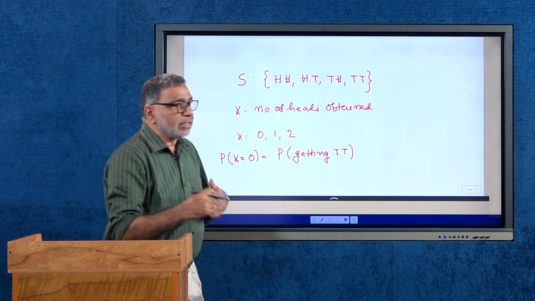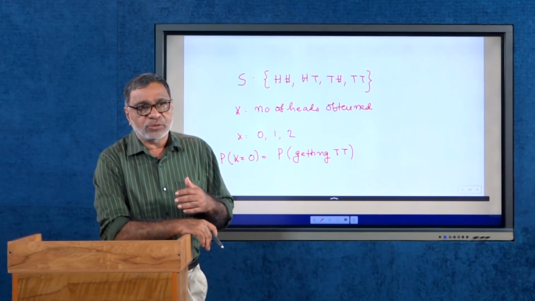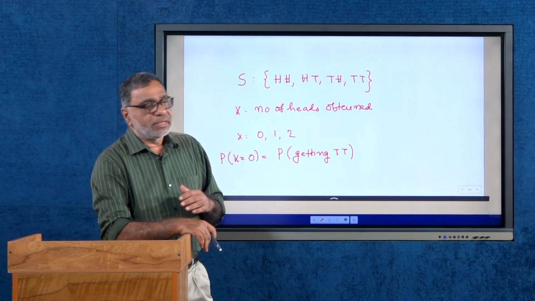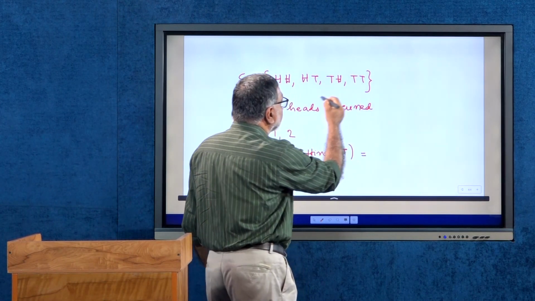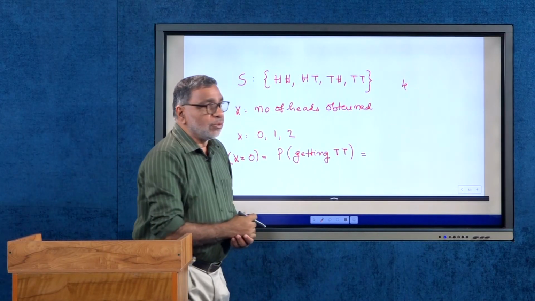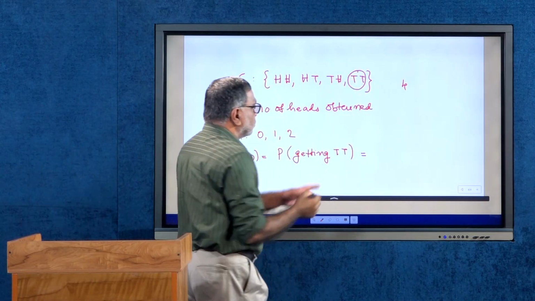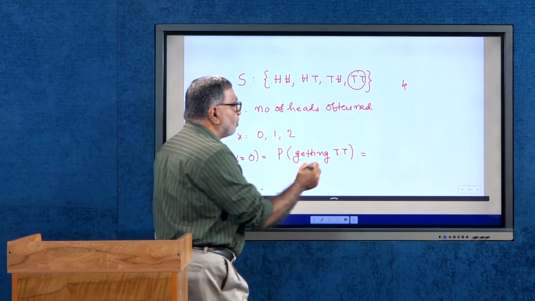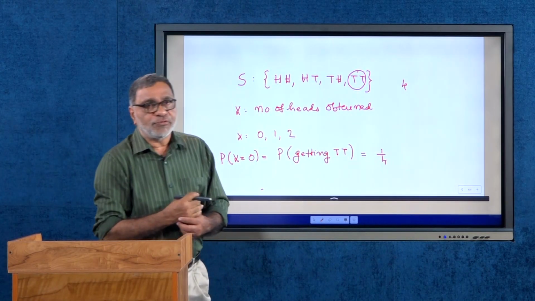When we are getting the outcome TT, the value of x is equal to 0 is obtained. And what is the probability of getting TT? Out of the sample space consisting of 4 outcomes, there is only one favorable case for this one. So, the probability of getting this is 1 out of 4. So, 1 divided by 4.